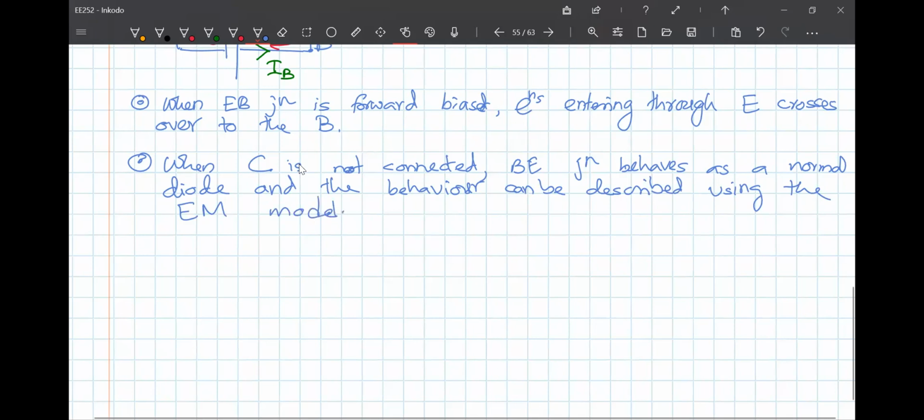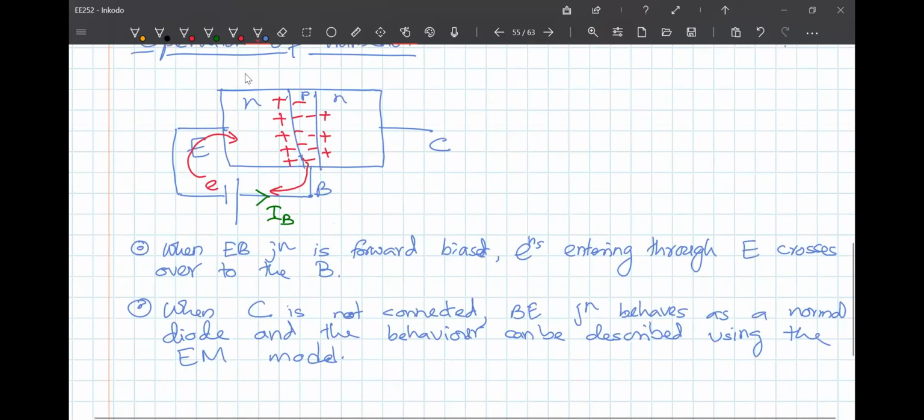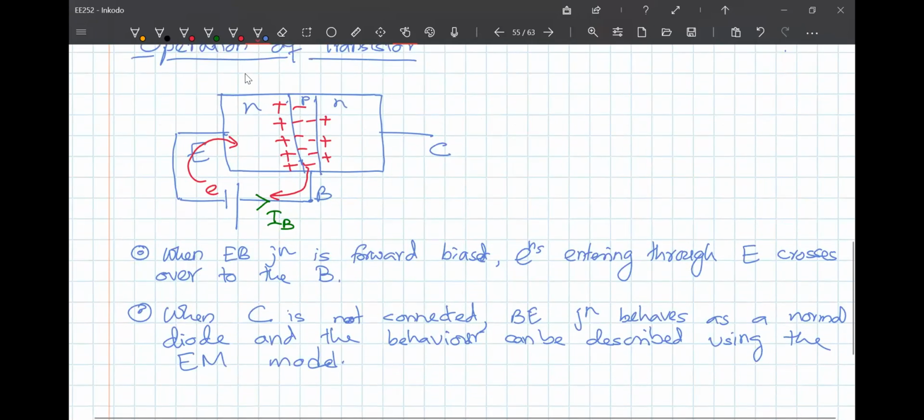So this can be represented as two diodes back to back, with one connected, the other is not. Let me call this the emitter current IE coming out, which is equal to IB also.